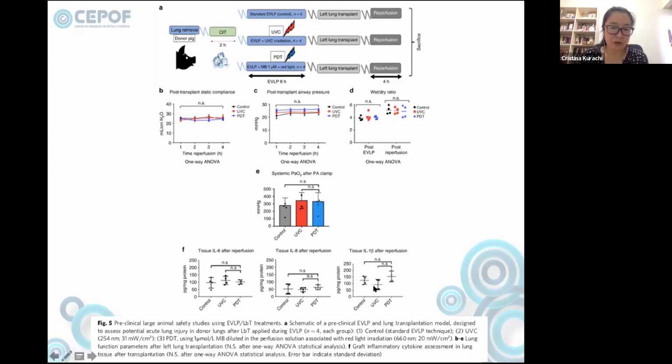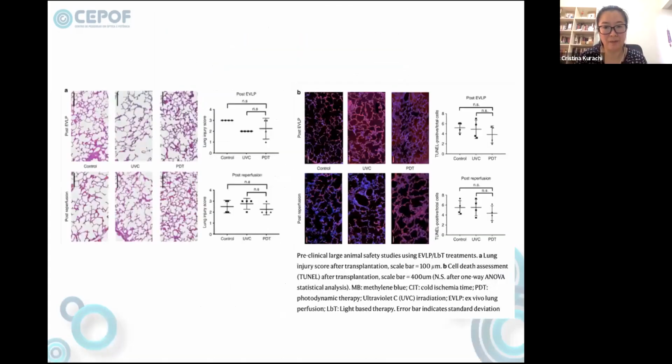So for both photonic techniques, UVC and aPDT, with this kind of response, the lung organ that has been used with the PDT or the UVC procedure to inactivate the hepatitis C virus didn't have any change in performance after the transplantation, considering the functions of the lung.